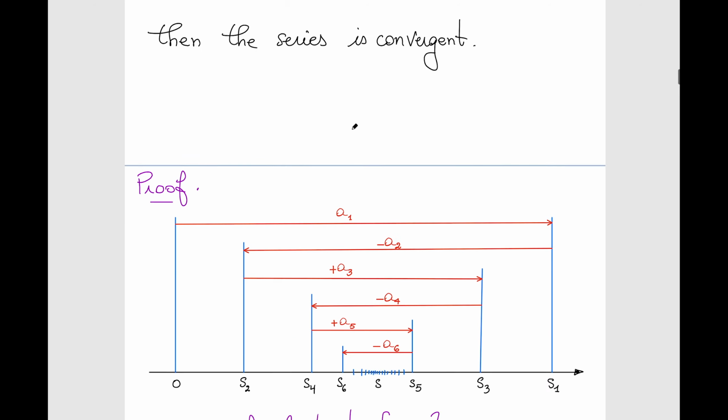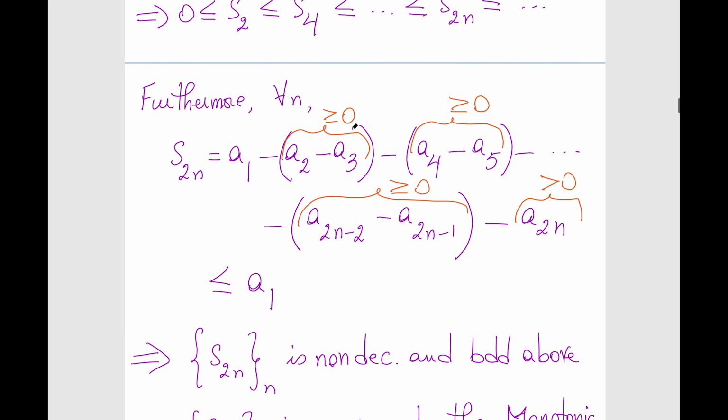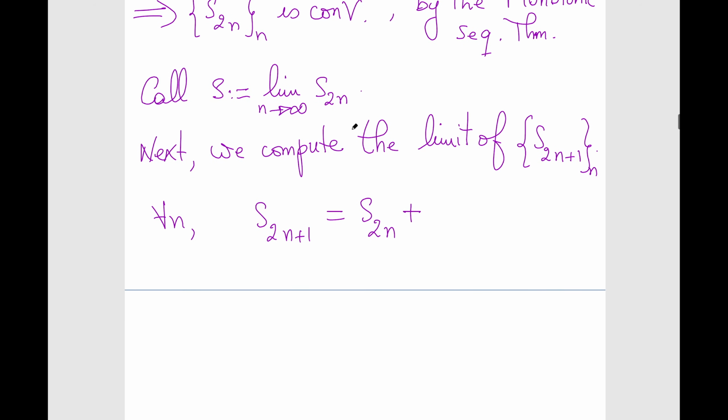So you add just a sub 2n plus 1, the 2n plus first element of the sequence an, to get from the 2nth partial sum to the 2n plus first partial sum. And this holds for any n.